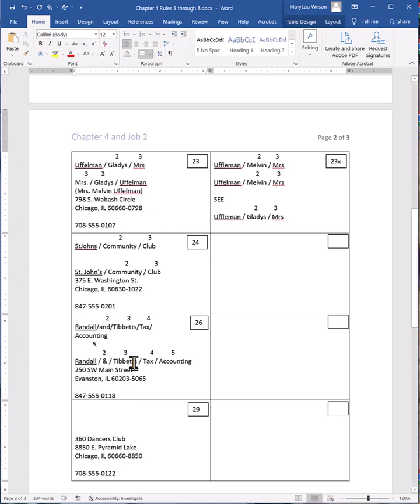Put it there where it can still be seen. However, it's a compound name. What we want to do is to cross-reference this so that Tibbetts is made into a key unit.